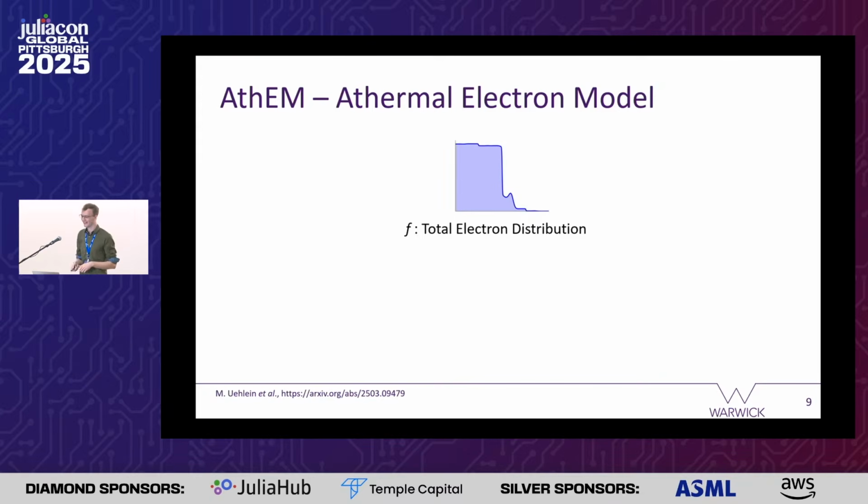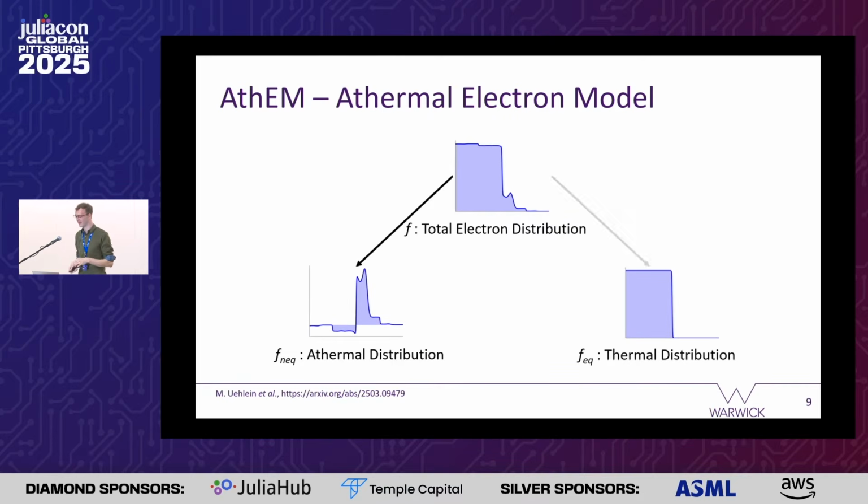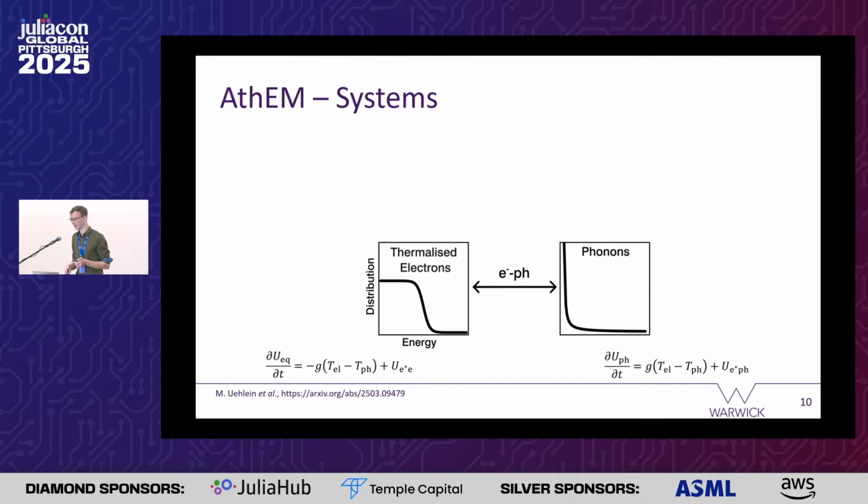That's fine. So the athermal electron model takes this sort of total electron distribution you might see from a Boltzmann calculation and sort of just cuts it in half. This is a very nice feature because now we have a thermal distribution that we can represent as a temperature, and this difference from our true distribution, our electron hole pair distribution. As we have a temperature system, we can treat this as a temperature system, and I've made a two-temperature model.